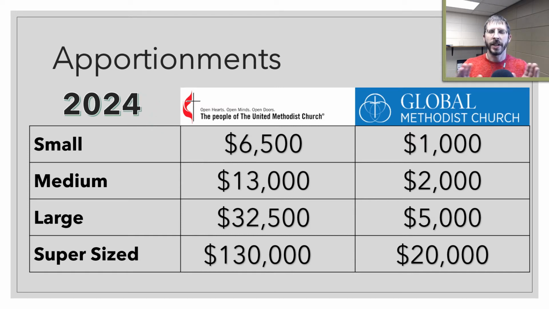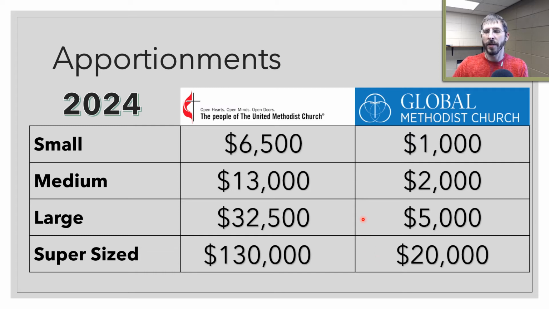For the Dakota's United Methodist, their plan is to work their way down to 10%. That will be a struggle, but I'm going to go under the assumption that that's the path they are going down. So they're going to go down 1% per year until they get down to 10%. So in 2024, it'll be 13%, and every church's apportionments go down a notch.